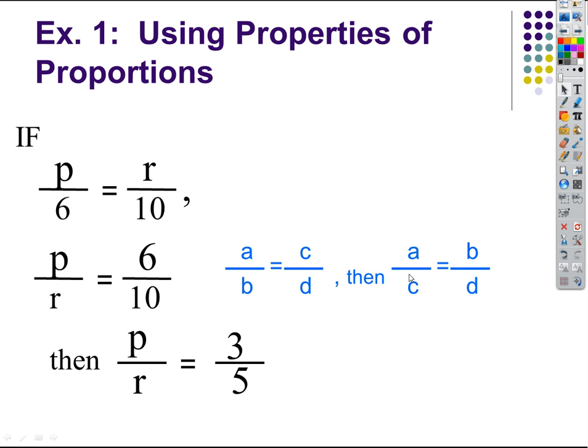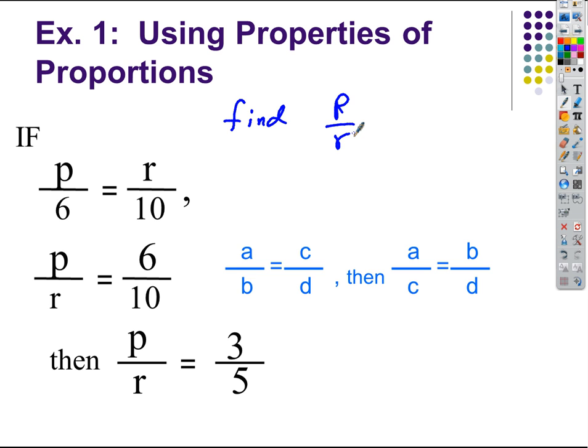Okay, so for example, what if the question said, and they should have probably written the question down here, if this is true, find the ratio P over R. If I want to find P over R, true, we could have done this yesterday or the day before, if I just cross multiplied and wrote P in terms of R and then divided both sides by R. But there's a lot of algebra.